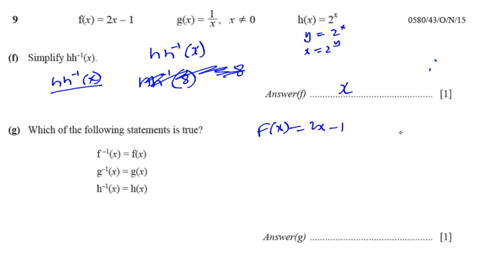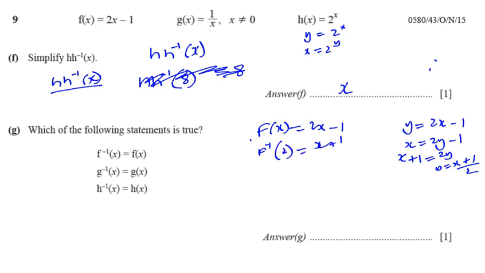To find the inverse, you have y equals 2x minus 1, and you swap x and y, then rearrange to make y the subject. x plus 1 is equal to 2y, so y is equal to (x plus 1) over 2. So that will be the inverse, which is not the same as the original.